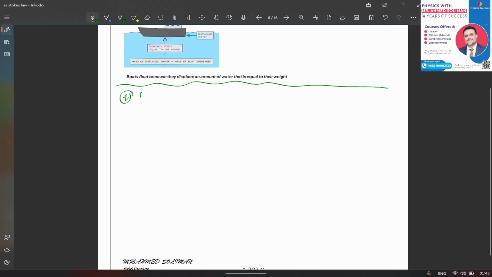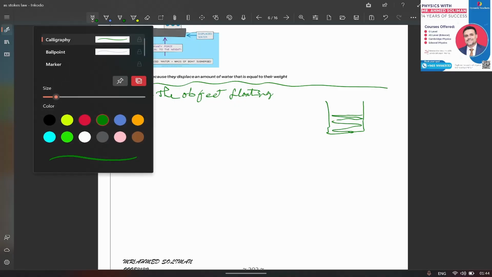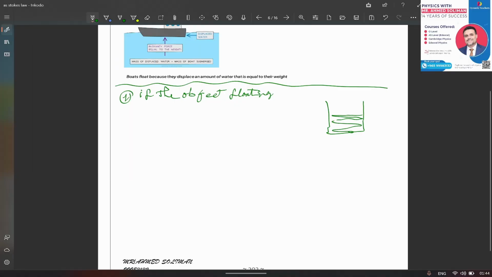If the object is floating, like this, we have water and this is the object.